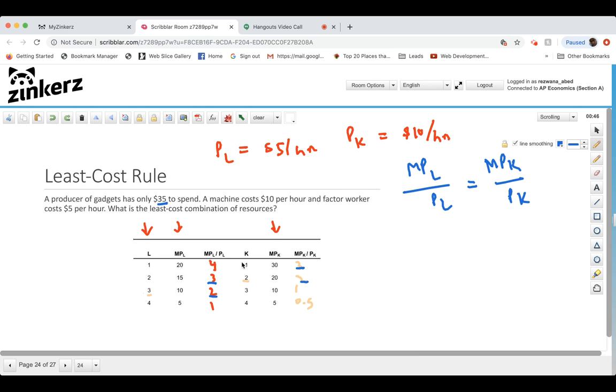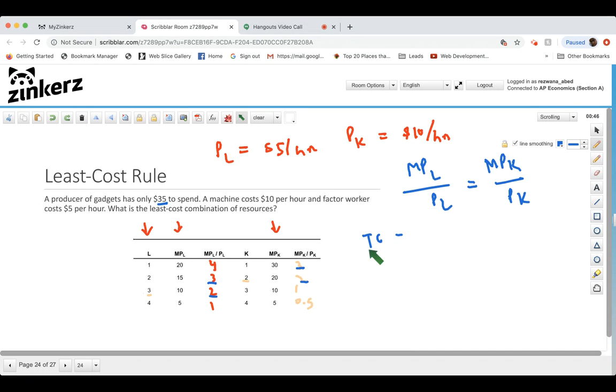So if I were to do 3 and 3 over here, that means I'm going to be using 2 labor, 2 workers, and 1 capital, 1 machine. So how much does that cost me?